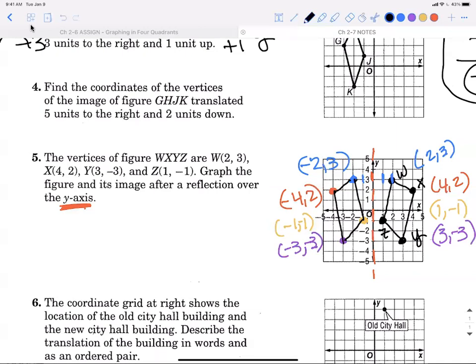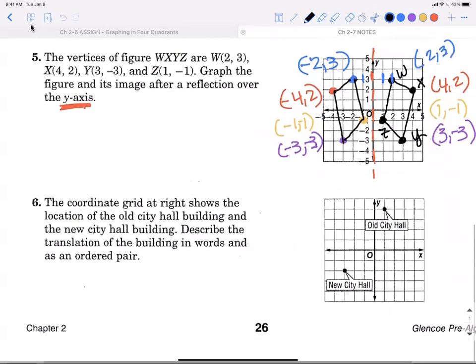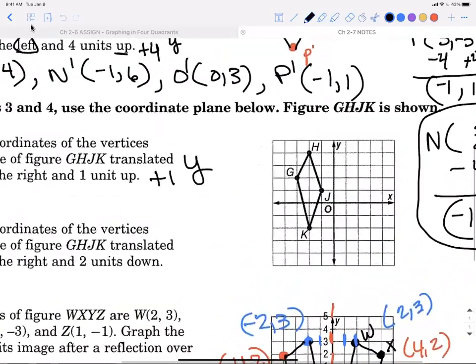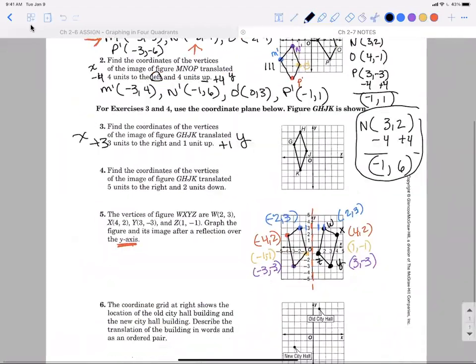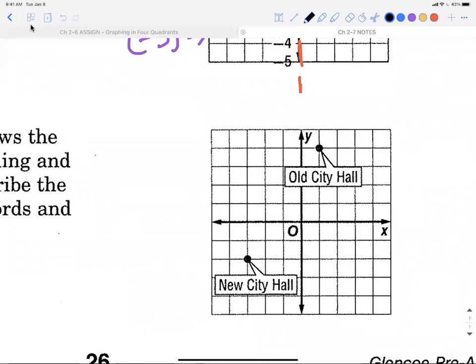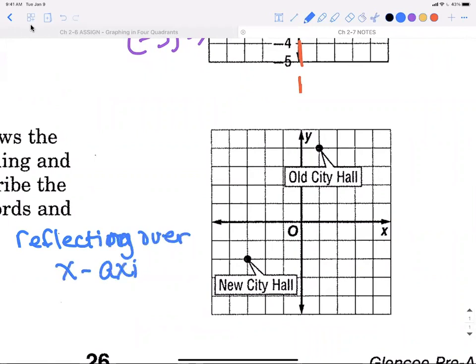Okay, make sense? The other thing I want to show you, and we're not going to do a full-on example of it, I just want to show you this. I'll use this graph right here. I just want a blank graph, but that's okay. Just pretend that old City Hall and new City Hall are hidden on there. If we are reflecting over the X-axis, I just want you to see how it'll look a little bit different.